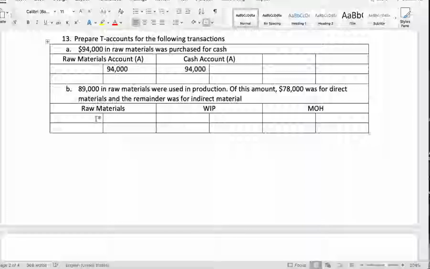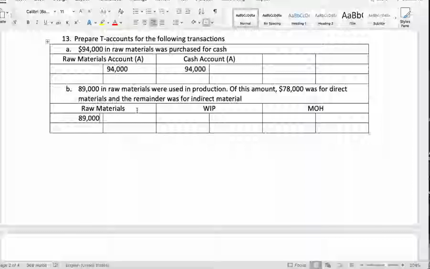How much raw material is leaving? I'm a nerd, so I'm envisioning everybody said 89,000 is leaving. That is correct. $89,000 is leaving.